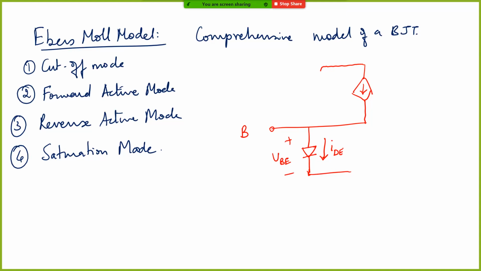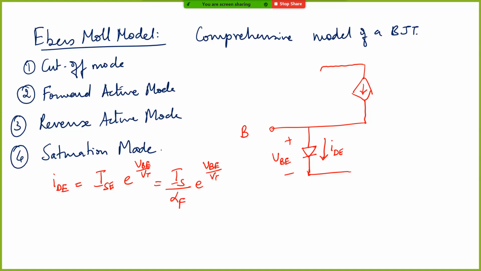We know the value of IDE. IDE can be written as ISE exponential VBE by VT, which can also be written as IS divided by alpha F, e to the power of VBE by VT. That's it. Now let's bring in the reverse active model.